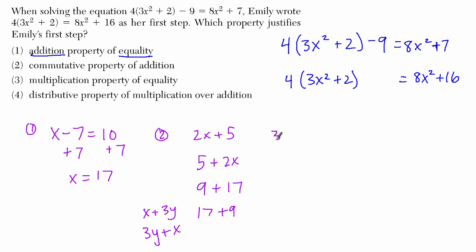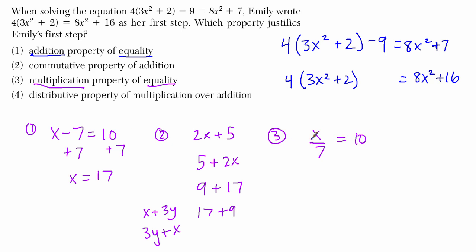Number 3 is the multiplication property of equality. You might see some similarity between number 1 and 3. Number 1 is the addition property of equality, and number 3 is the multiplication property of equality. As number 1 allowed you to add to both sides of the equation, number 3 allows you to multiply both sides of the equation. Let's set up an equation like x divided by 7 is equal to 10.